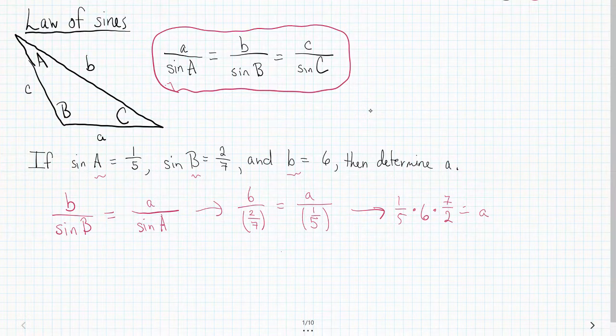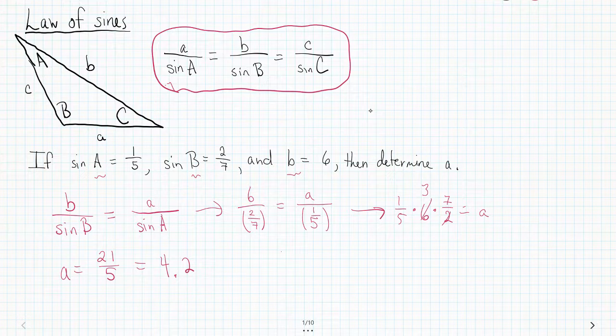And so our final solution here would be a equals, well, just to make life easier, you could cross out that 6 and the 2, you have a 3. So 3 times 7 is 21 all over 5. Okay. If you need to round that to a decimal, that's 4.2, I believe, as well. So both of those are equivalent.